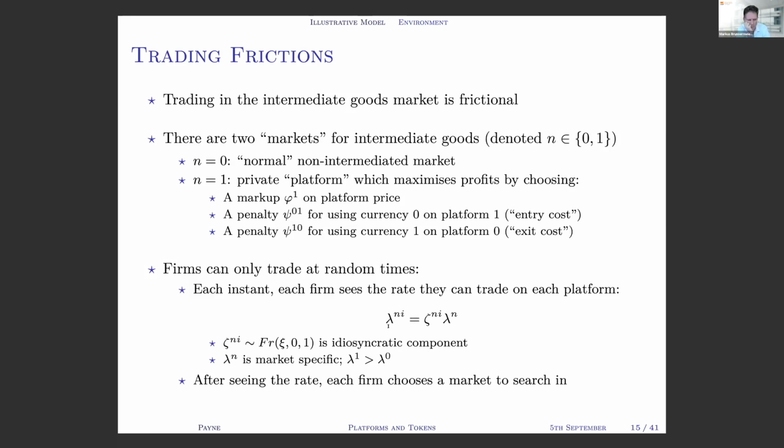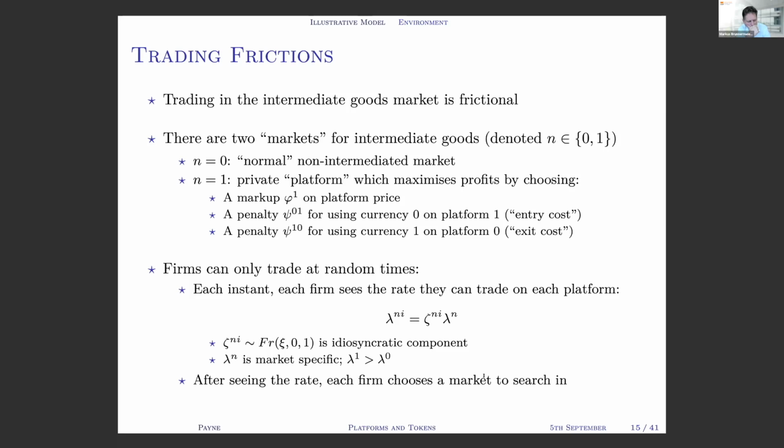Right? And this idiosyncratic component is going to be drawn from a Fréchet distribution, so we can exploit the useful tools of the discrete choice literature. And this is going to generate the idiosyncratic risk. This is what plays the role of liquidity risk, right? Where you don't know exactly when you're going to get the trading opportunity. You don't know exactly which platform is going to look really good, right?